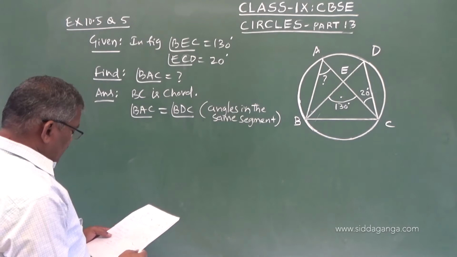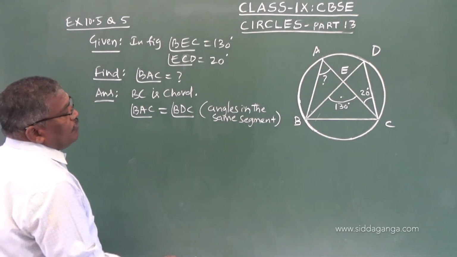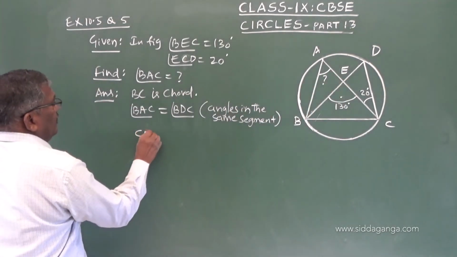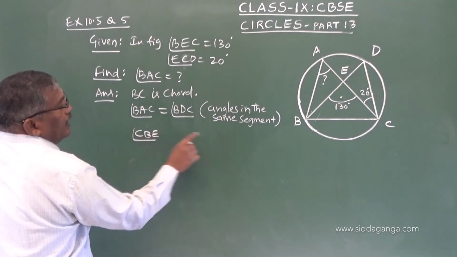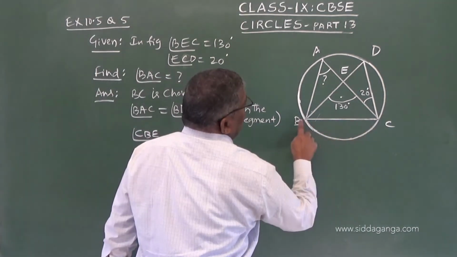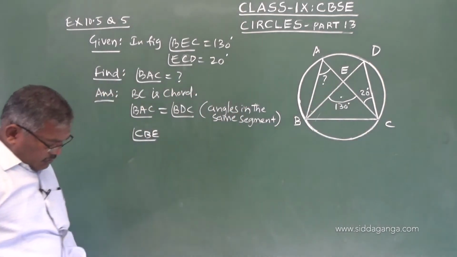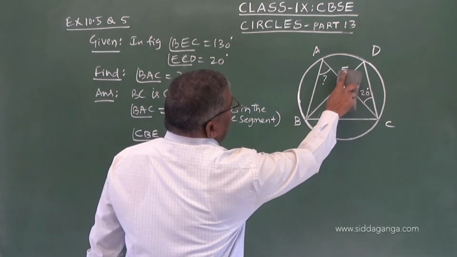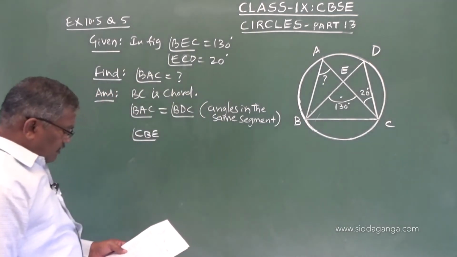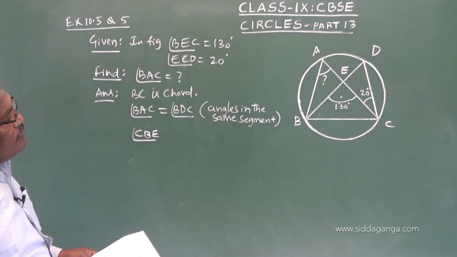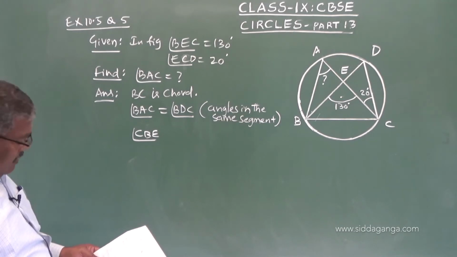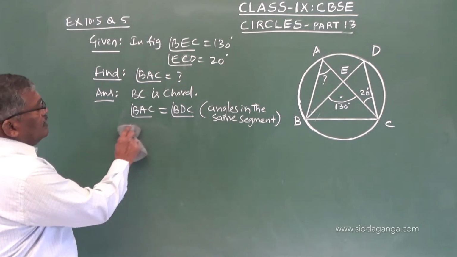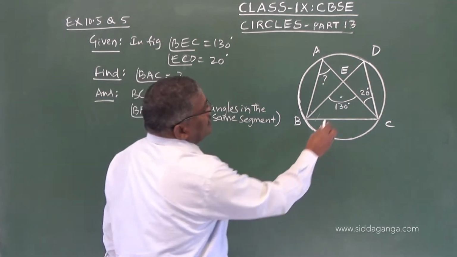Now CDE, CBE equals, observe here, CBE equals angle CBE, CEB, CDE, CEB. See, this is the exterior angle, you understand this.